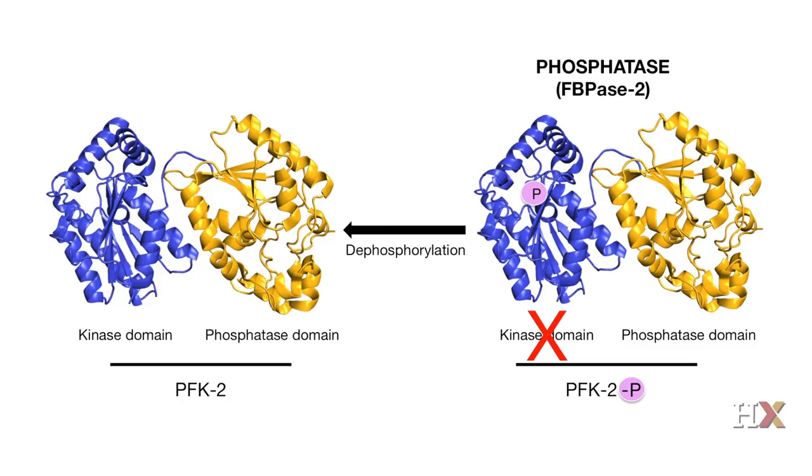In the absence of the phosphate group on the kinase domain of PFK2, the phosphatase domain of PFK2 is inactive, and PFK2 acts as a kinase that will convert fructose 6-phosphate into fructose 2,6-bisphosphate. So you see here that a simple change, a phosphorylation or a dephosphorylation, completely changed the activity of the enzyme from being a kinase to being a phosphatase.